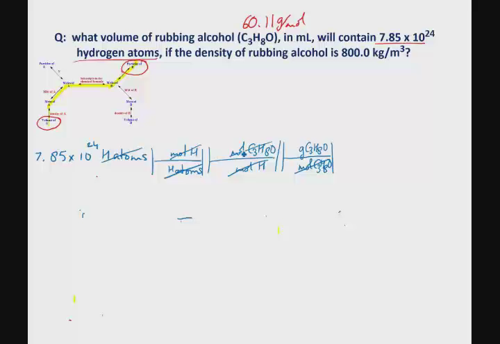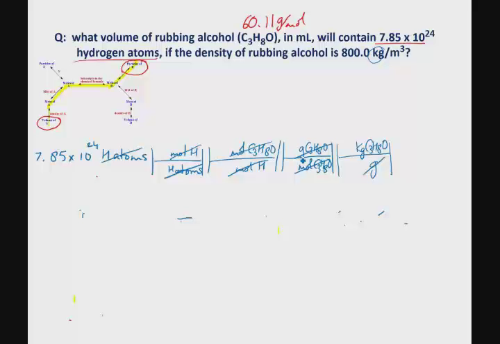Now you have grams, but notice that the mass unit in the given density is kilograms, so not a bad idea to convert the grams into kilograms right now. So grams to kilograms of C3H8O. This will cross out.